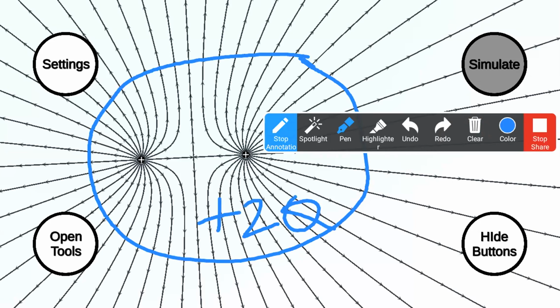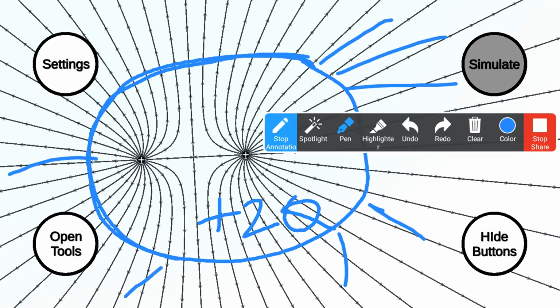Why? From that imaginary surface, only lines are going outward. It is equal to having 2 charges placed together inside. If you are concentrating on the field lines outside, you can bring both the charges together. It is the same as plus 2q. Is it okay, sir?